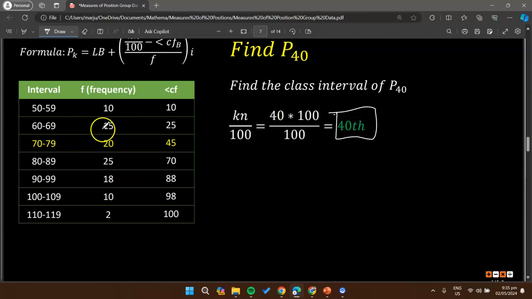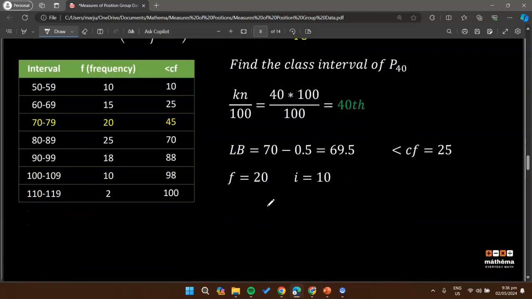So where can we find our 40th position? Look at our less than CF. We can find it here. So meaning to say our lower boundary is 69.5. That is lower limit 70 minus 0.5. That gives you again 69.5.